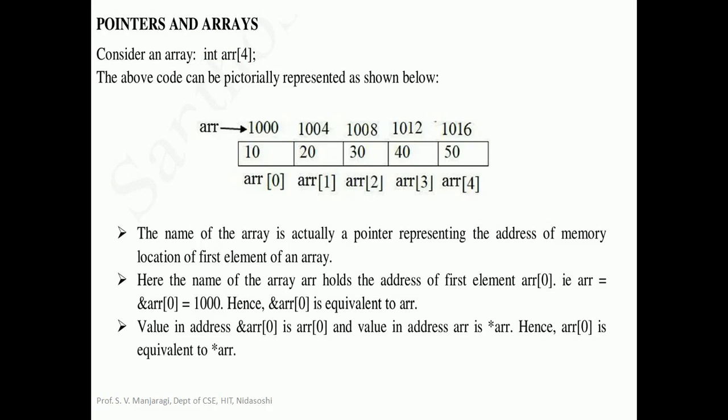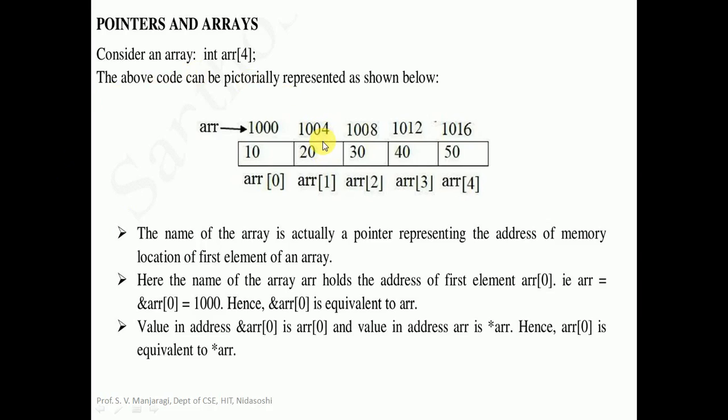The size of the integer type depends on the operating system or the system architecture we are using. Let us assume the size of integer as 4 bytes. Then the address of the next array element is base address plus size of the data type. In the diagram, the size of the integer is 4 bytes and the base address is 1000. It will be 1000 plus size of int, that is 4. So we got the address of the next array element as 1004.